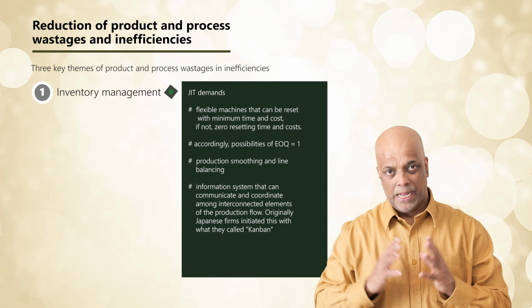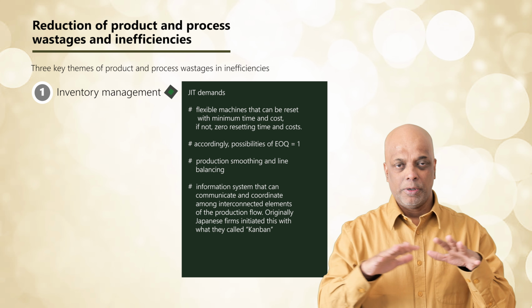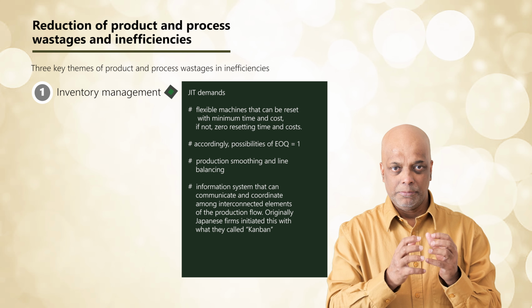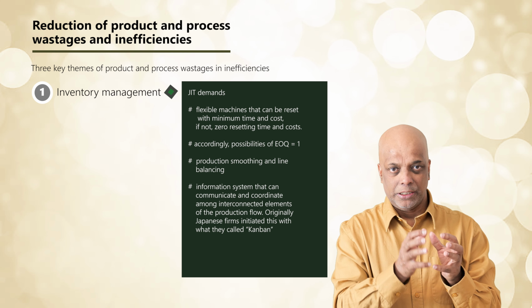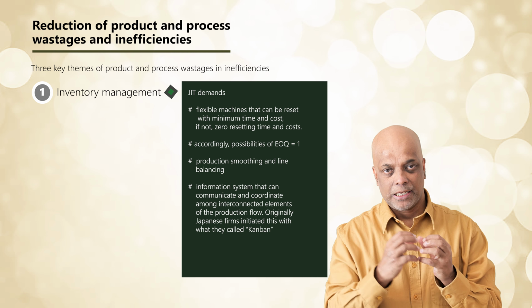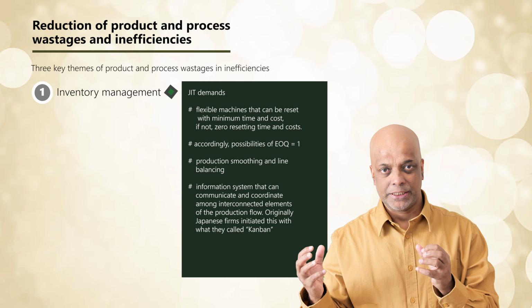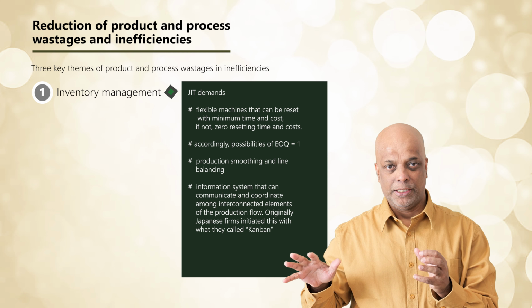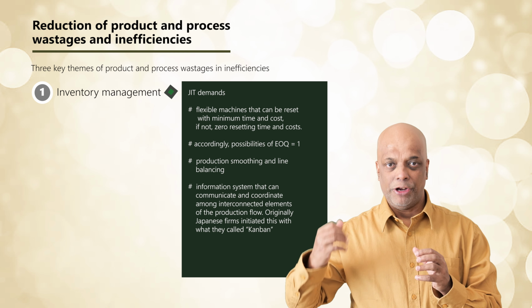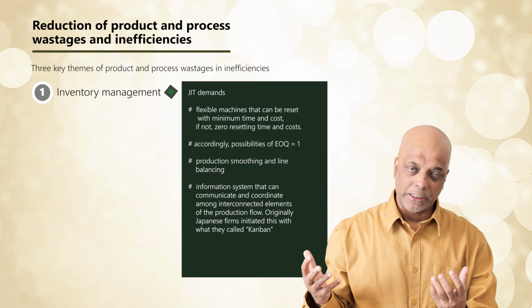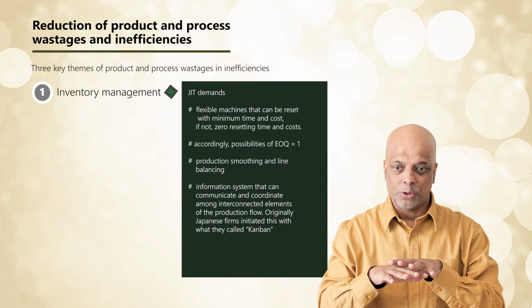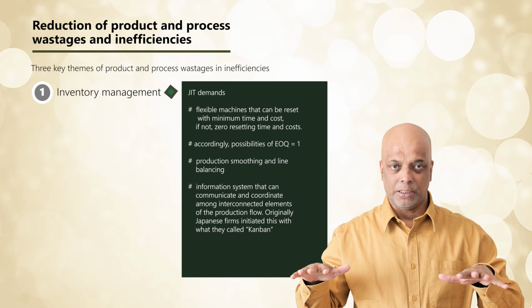To do that, you need a proper information system, an information system through which each unit, each phase, or each stage of the production line can communicate effectively with the other stages and units, so that they know what is to be released, when it is to be released, what is to be received, and when it is to be received. So that's what you call a proper information system.